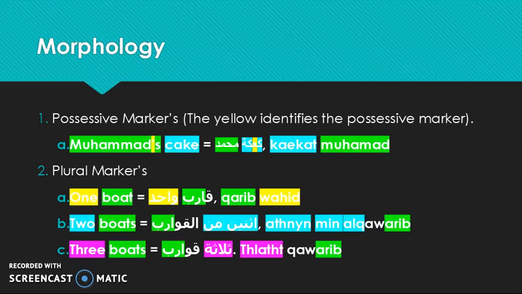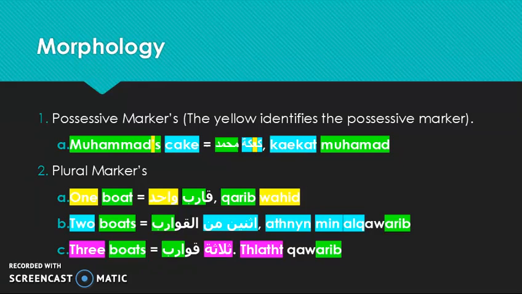Morphology: they have possessive markers just as we do, and you can see they're highlighted there on the screen. The little yellow mark is where, excuse me, the possessive marker is.